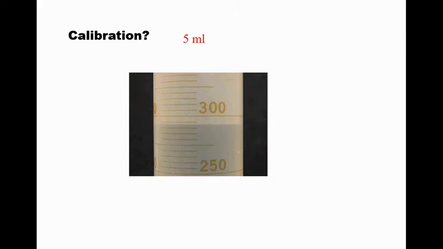So it's 5 milliliters. Each of the markings is worth 5 milliliters. So that line halfway between is going to be 275, and then you read up 5 for each marking. I'm going to say my reading on here is 292.5 milliliters. If you thought it was 295 or 293, that's within a range of acceptable answers.